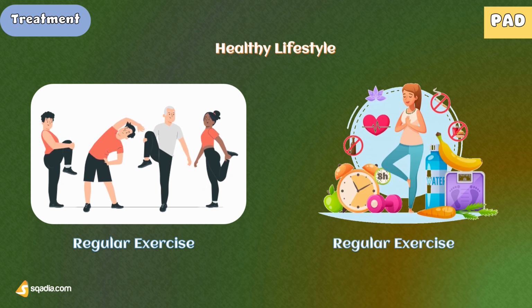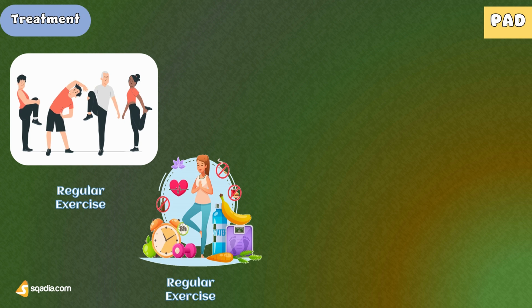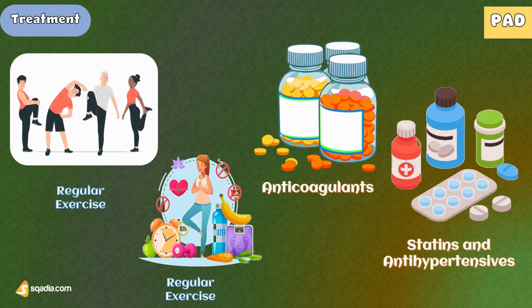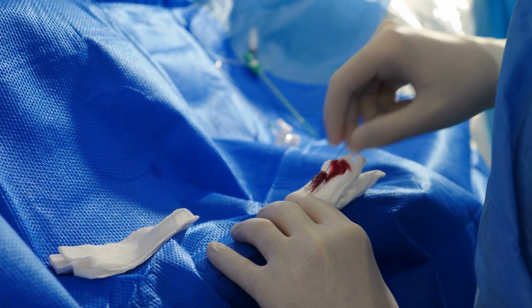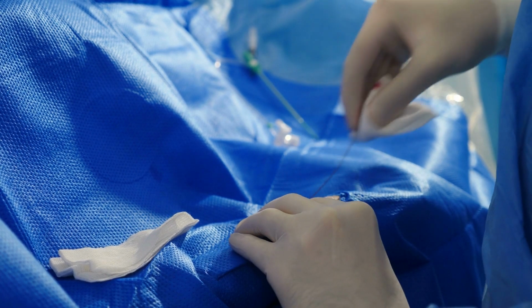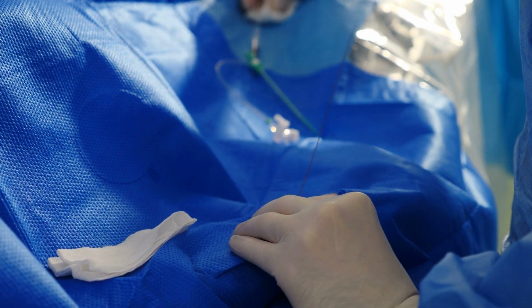Medications such as blood thinners, cholesterol-lowering drugs, and blood pressure-lowering drugs may also be prescribed. In severe cases, surgery or endovascular procedures may be required to open or bypass the blocked arteries.